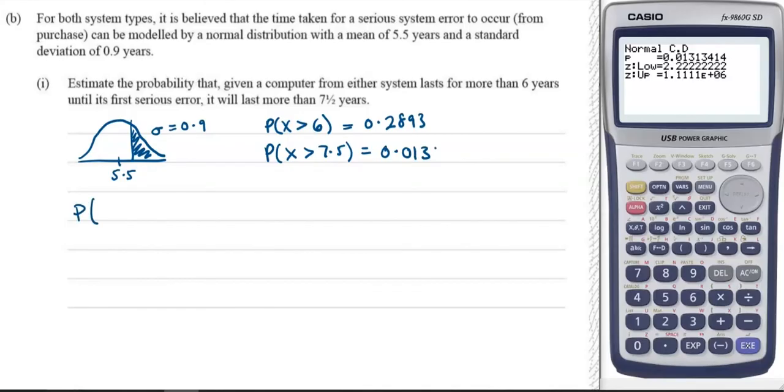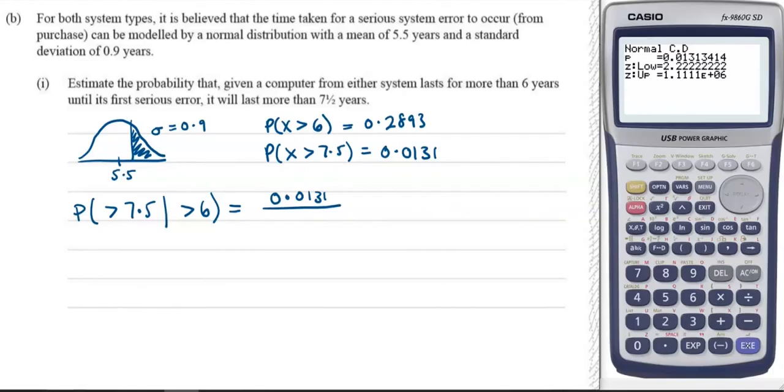The probability that it goes for more than 7.5, given that it's already gone for more than 6. So that's the probability of both of those things happening. The probability it goes for more than 7.5 and more than 6 is just the probability of going more than 7.5, because if it's gone for more than 7.5, it has already gone for more than 6.